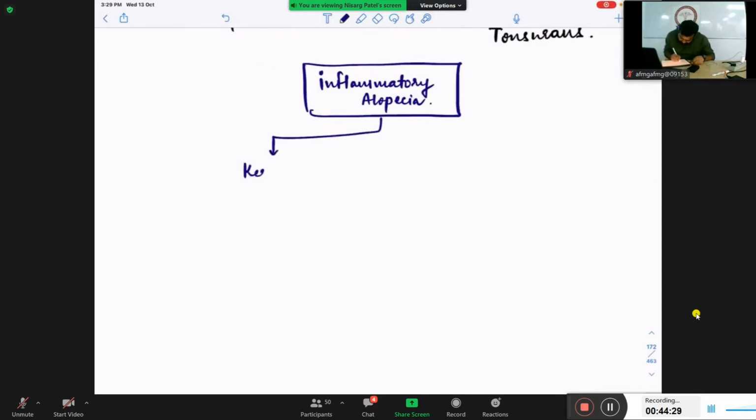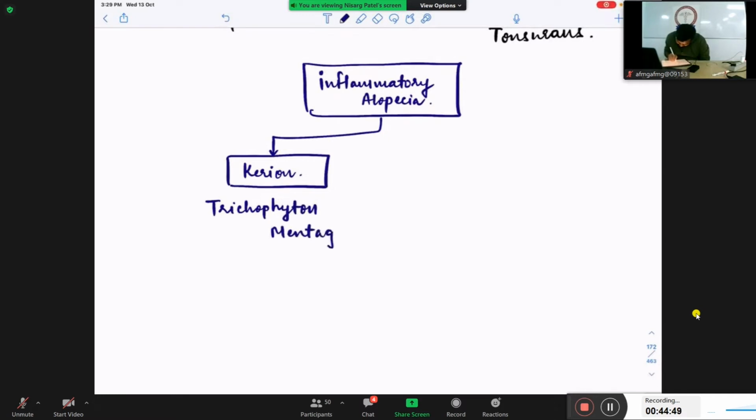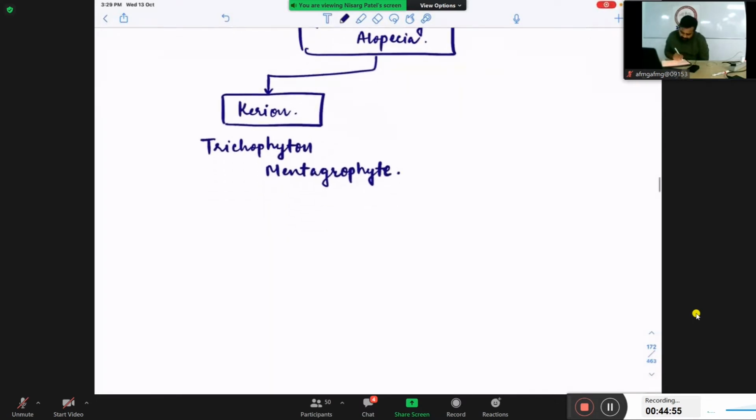The first is a carrion. It is caused by Trichophyton mentagrophyte. The positive agent is Trichophyton mentagrophyte.